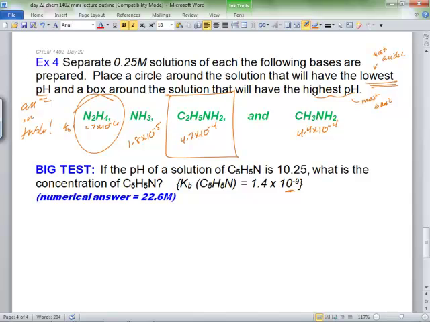The KB for this thing is 10 to the negative 9. Does that mean it's a really, really weak base, or really, really strong? So look how concentrated it needs to be, 22.6 molar, to get the pH just to 10, right? So it kind of follows. But anyway, see if you can figure this out. They tell us the pH, and they want to know what the concentration is of this stuff. We'll give you a few minutes to try to figure it out, and then we'll work on it together.